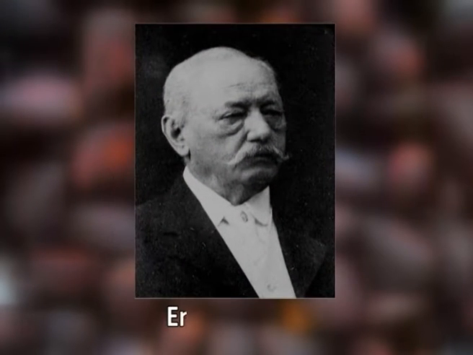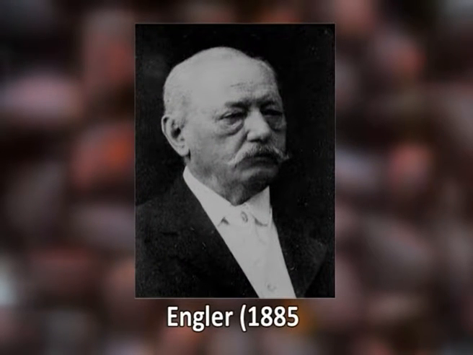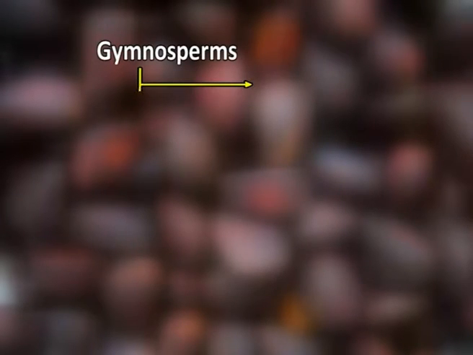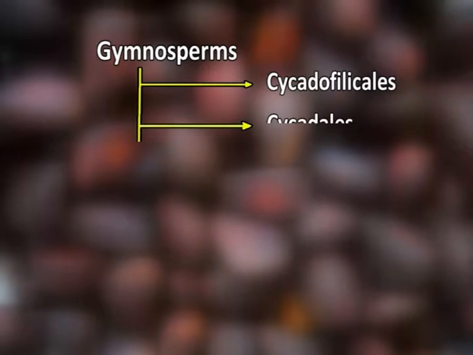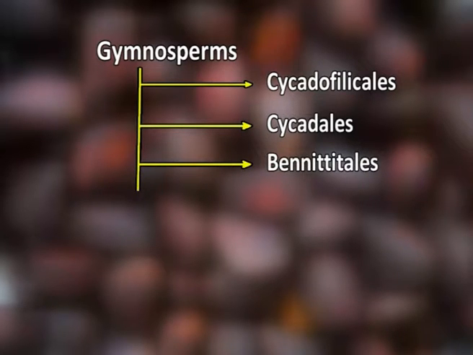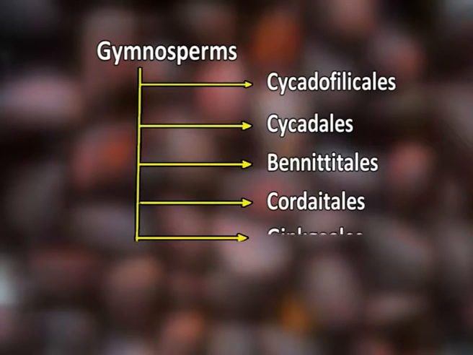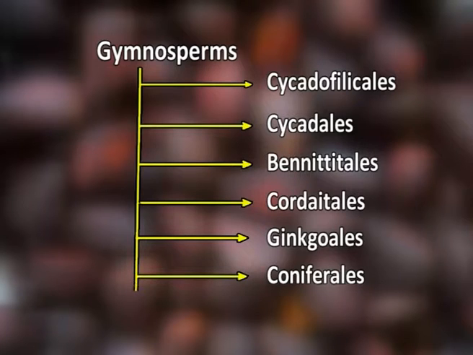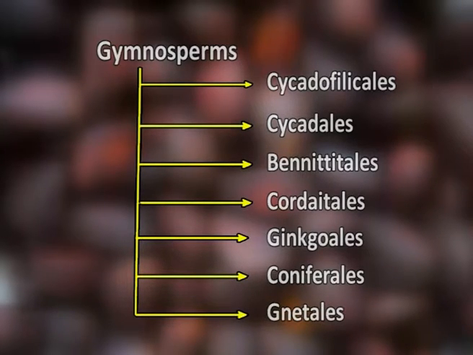Engler in 1885 divided gymnosperms into 7 groups, namely 1. Cycadofilicales, 2. Cycadales, 3. Bennettitales, 4. Cordaitales, 5. Ginkgoales, 6. Coniferales, and 7. Gnetales.